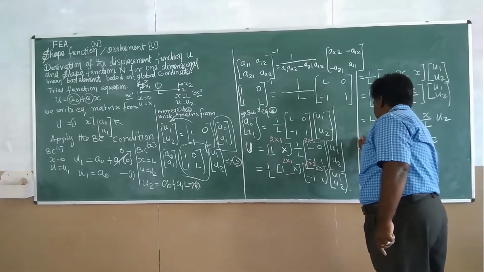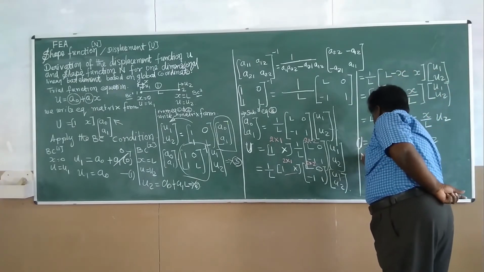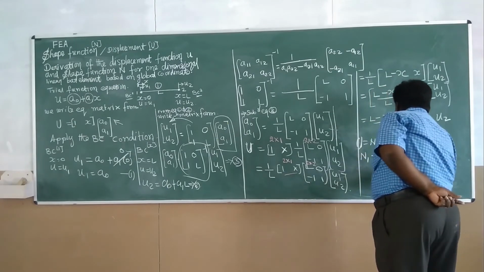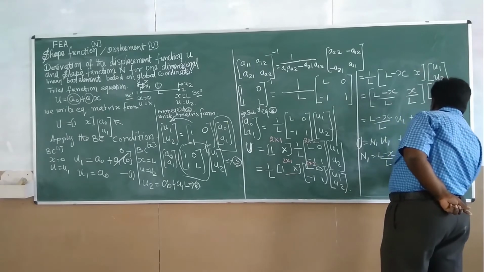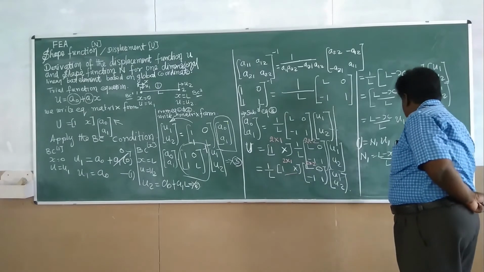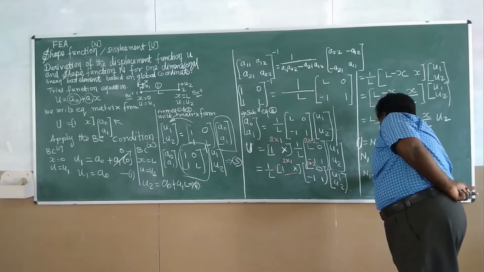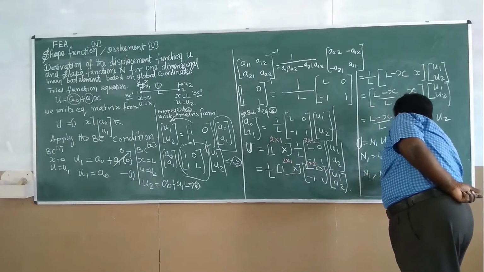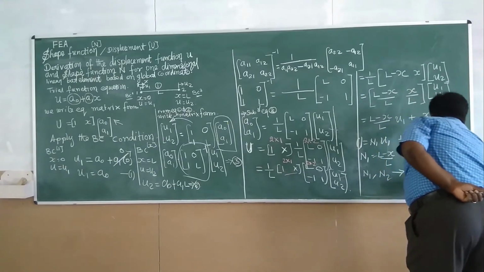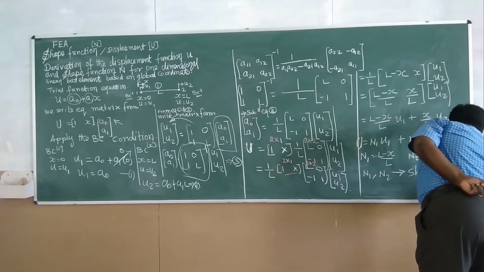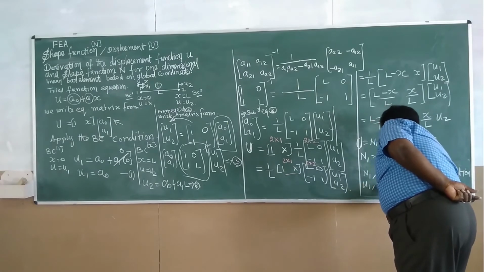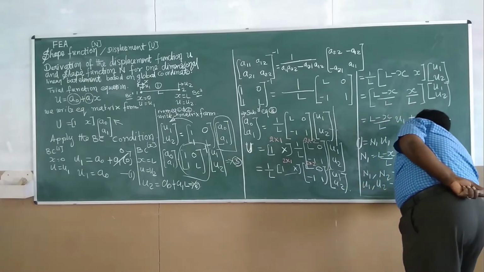This is the displacement function, where N1 is L minus x divided by L and N2 is x divided by L. N1 and N2 are called shape functions, and u1, u2 are the displacements.